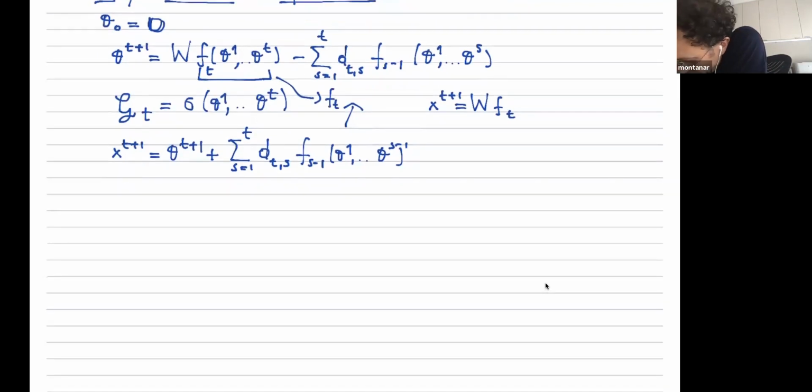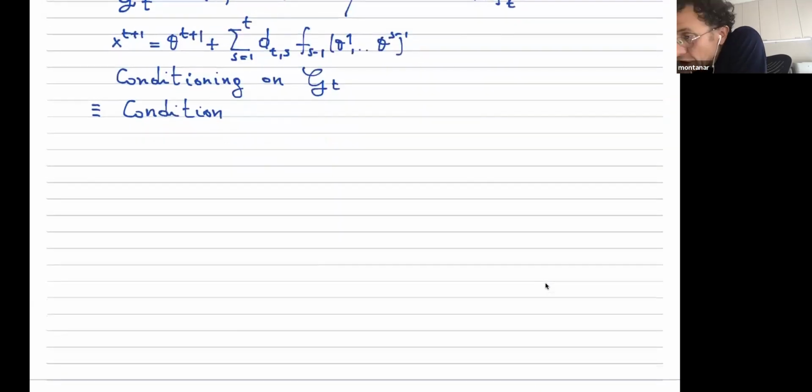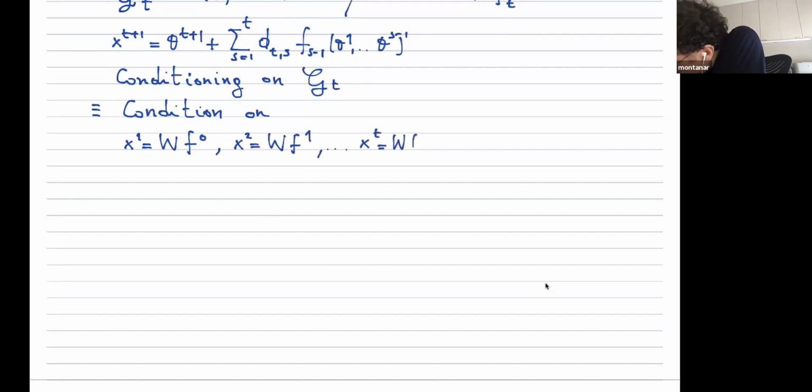And now I want to think of conditioning on the sigma algebra G_t. And the claim is that this is equivalent to conditioning on the value of these linear equations. That is on x_1 equals W f_0, x_2 equals W f_1, and so on, x_t equals W f_{t-1}.